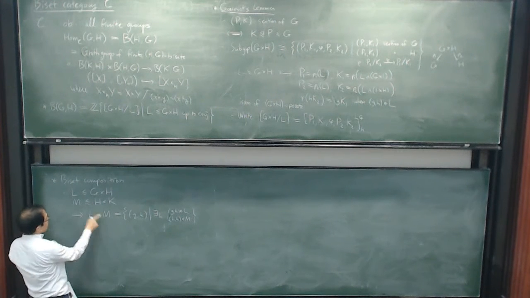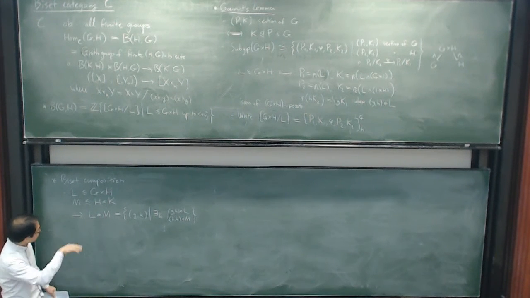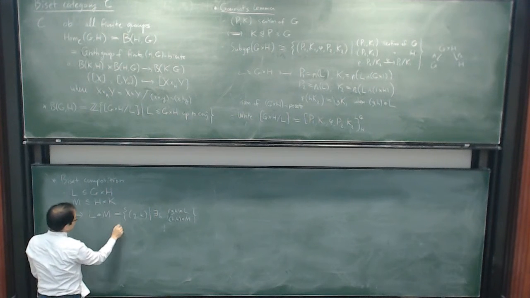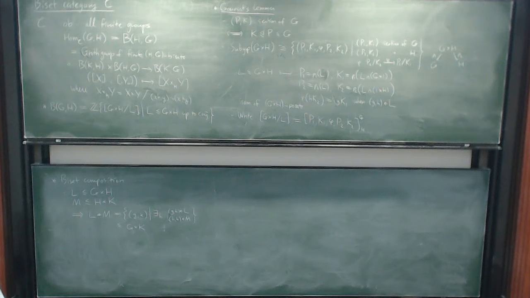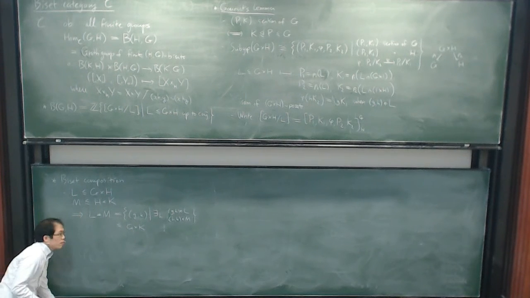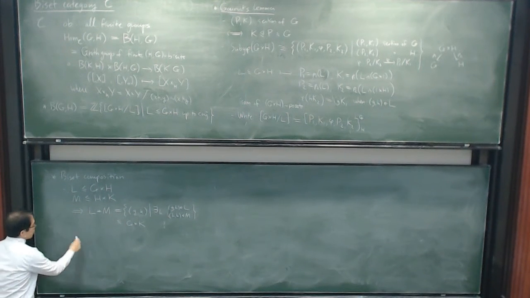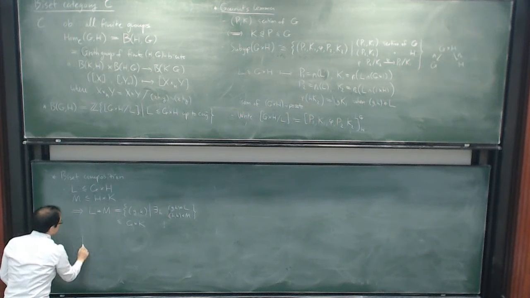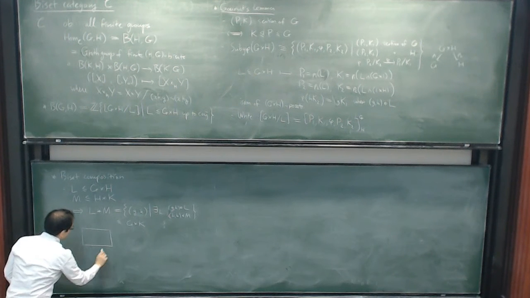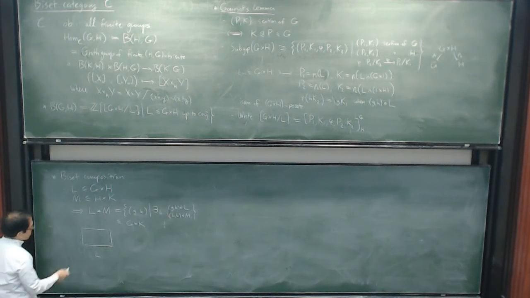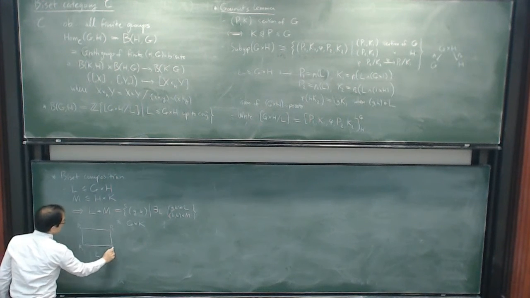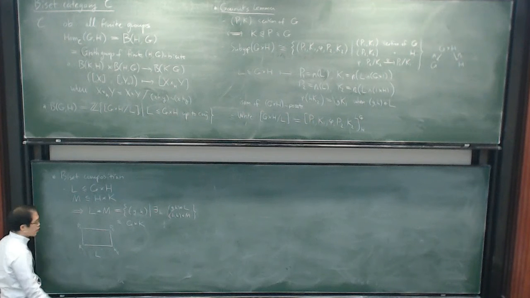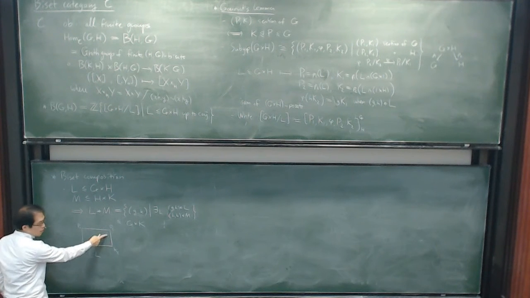This can be defined for any subsets, but if they are subgroups, this is a subgroup of G cross K. And in terms of this quintuple representation, suppose L is this quintuple, P1, K1 on one side, P2, K2 on the other side, and this rectangle is an isomorphism.